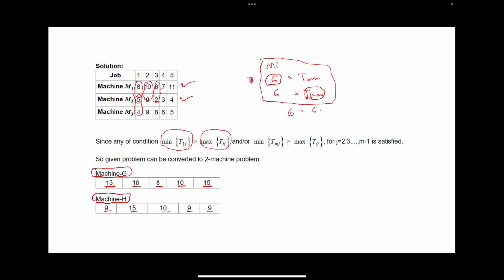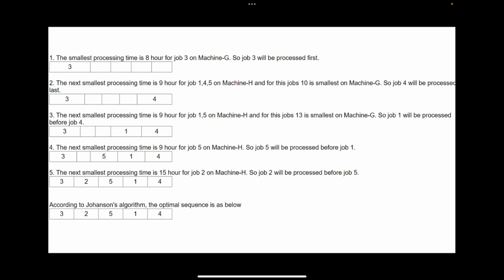So the three machine problem is reduced to a two machine problem, and then you can apply Johnson's algorithm for two machines. So let us see how we are going to sequence the jobs.